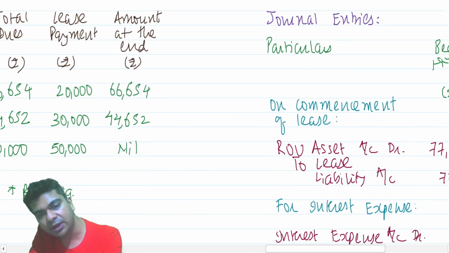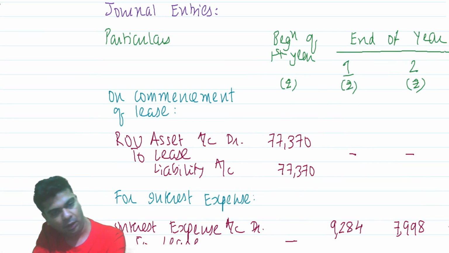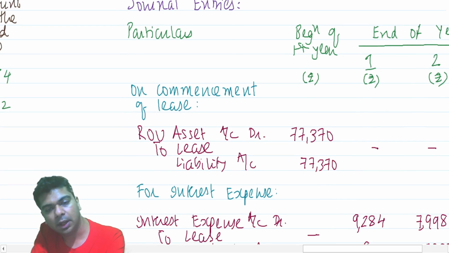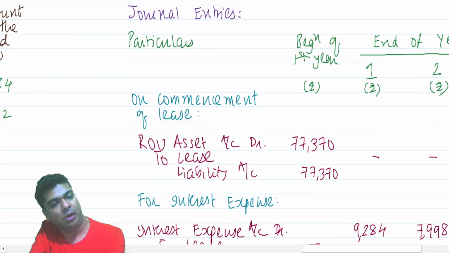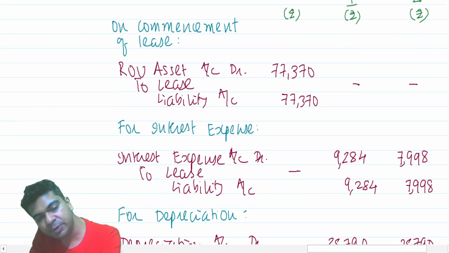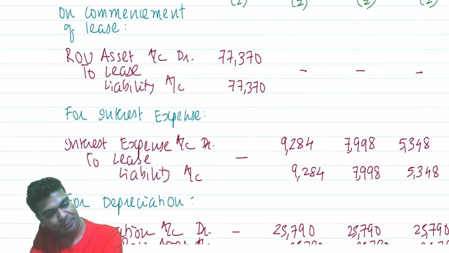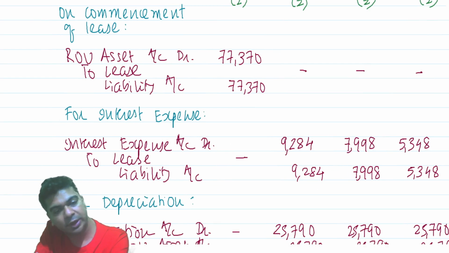And then what we have done is we have provided the journal. Yes, if any portion of the journal is pending, you can pause the video and complete it. The first one will be for commencement of the lease. If anything is pending over here, you can just pause the video here and complete it.